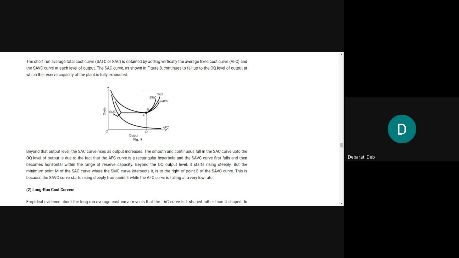Who will show me the graph? Show me the graph. You take the picture. Send it to my WhatsApp number. I will share the screen and show to all of you. Take the picture of the graph which you have drawn in your copy. Send it to my WhatsApp number. From there, I will share on the screen.